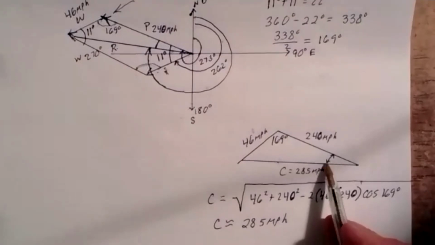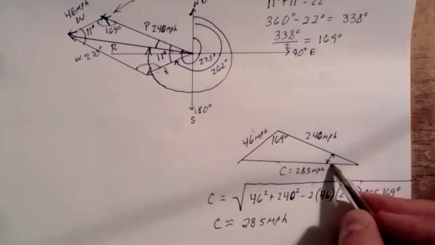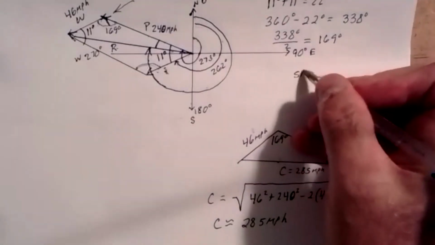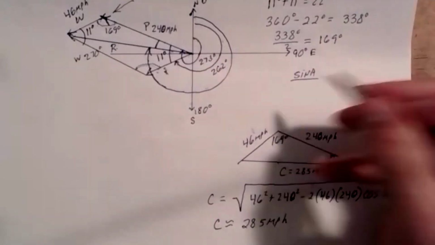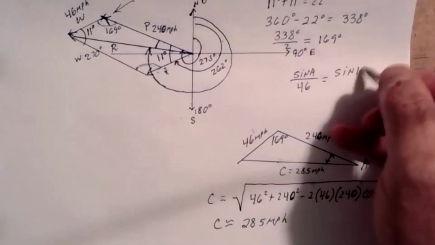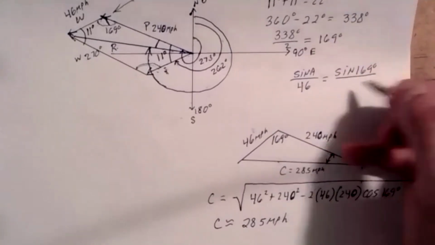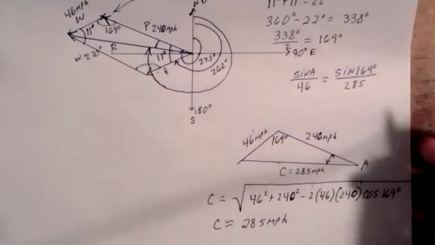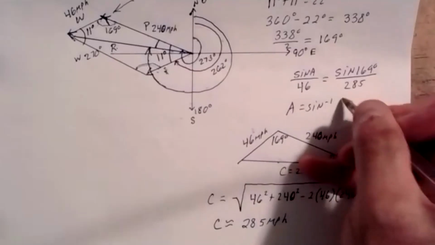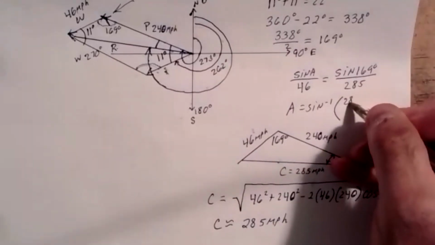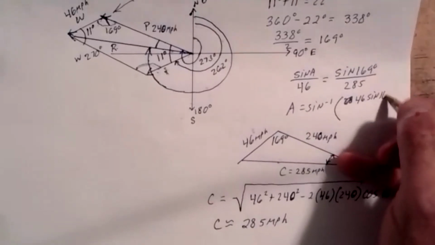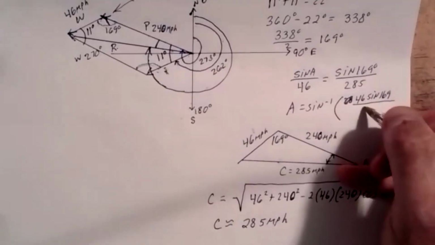Okay, so you'd have to find this angle here by using the law of sines and maybe call it angle A. So the sine of angle A is to 46 miles per hour as the sine of the 169 degree angle is to side C, which is 285 miles per hour. And so therefore A is equal to the inverse sine of 46 times the sine of 169 divided by 285.